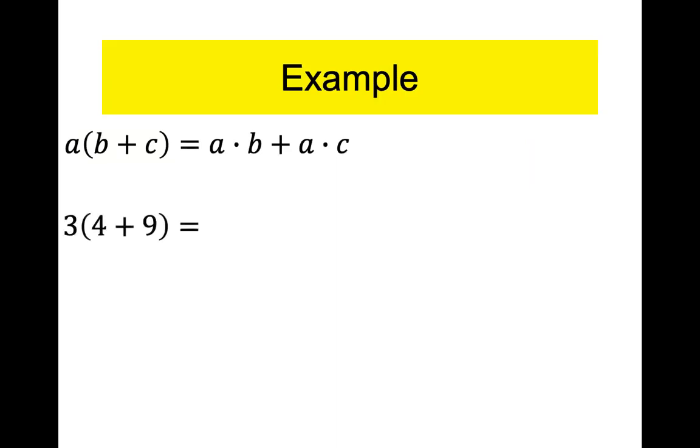Okay, so this says if it looks like this, I got a number and then an open parentheses, and two numbers added together. Here's what it says. It says take the number on the outside and multiply it by the first thing. So what am I going to multiply by? 4. I'm going to multiply this times this.